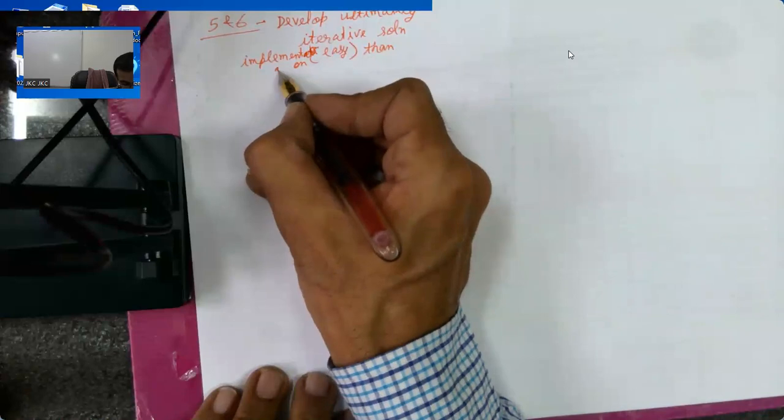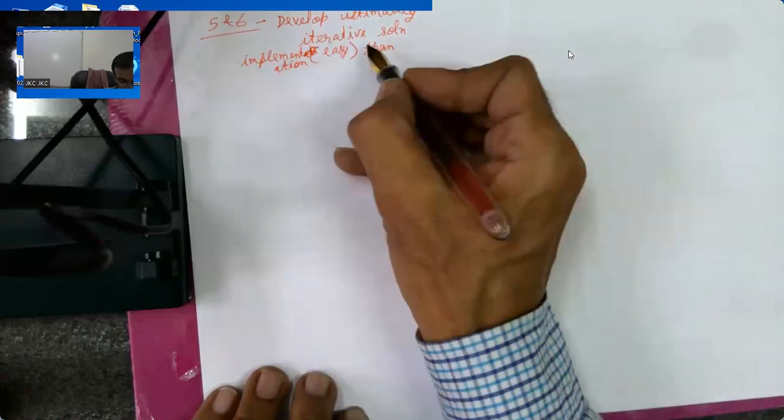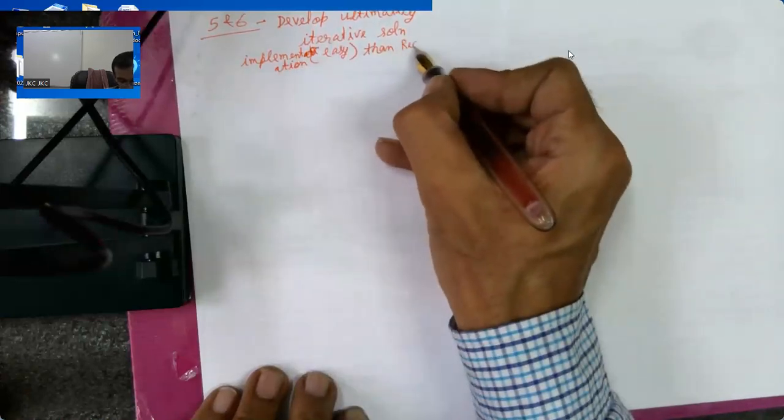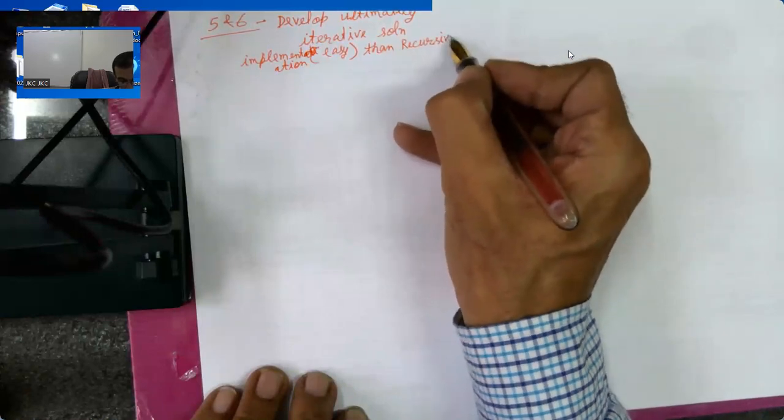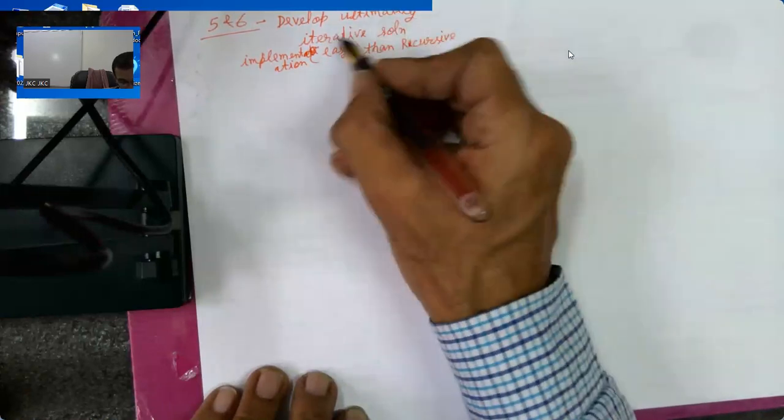Implementation will be easier than recursive. So ultimately, our aim will be to find the iterative solution. Why am I saying implementation will also be easy? Because if I know the iterative version, any coding which I do, iterative can probably be a better choice.